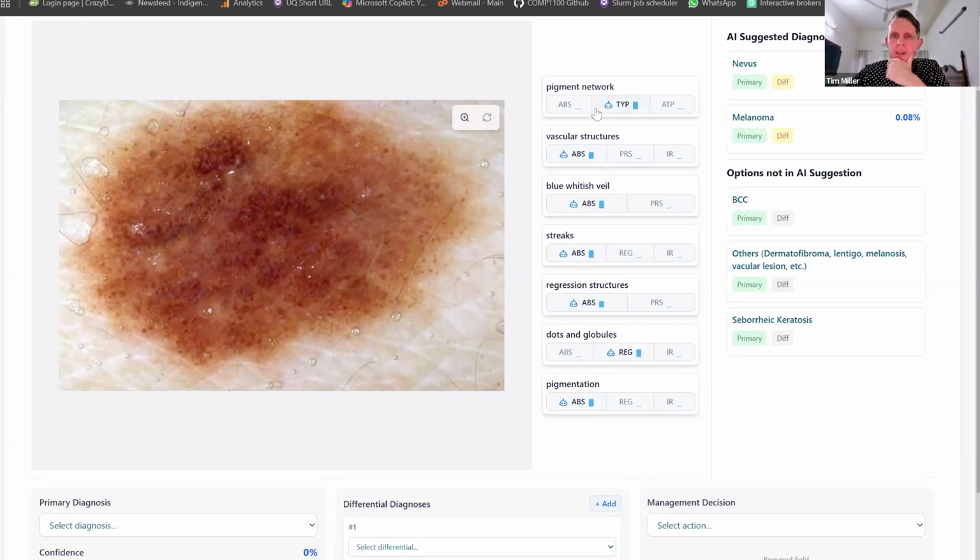So, pigmented network, and along here you see the machine learning algorithm has identified whether these things are present. In this case, it says there's a very typical pigmented network. You can see by this bar that it thinks it's highly likely, so a probability of 1. The vascular structures that you might see in these things, there's a probability of 0.96 that they're absent. That's what ABS means. And the dots and globules are regular.